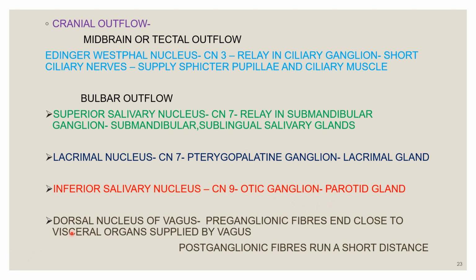Then coming to the dorsal nucleus or motor nucleus of the vagus. About 75% of all parasympathetic fibers arise from the dorsal nucleus of vagus.